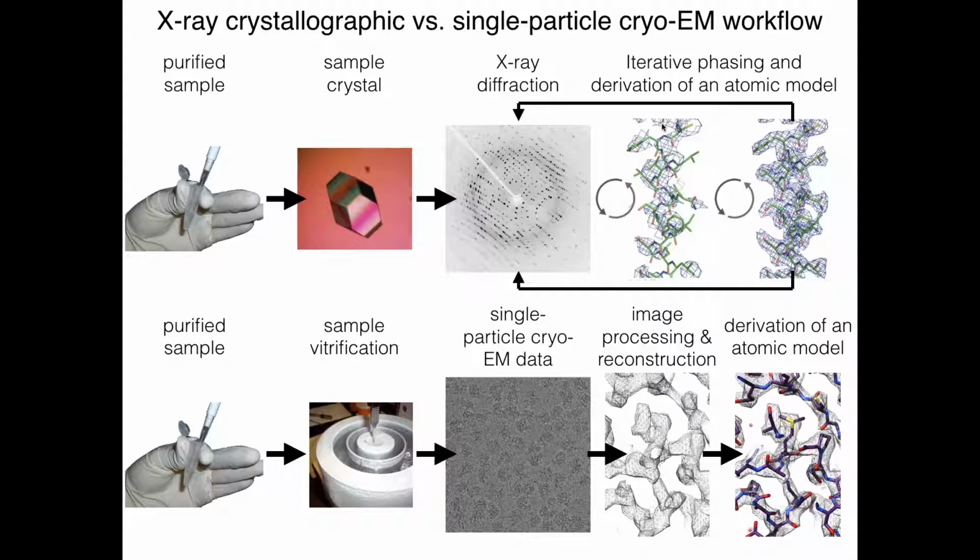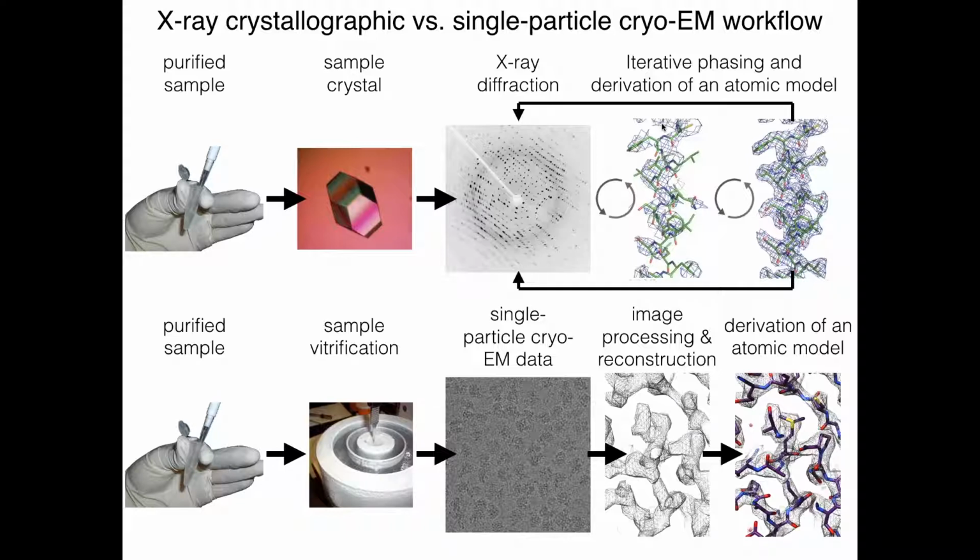So instead of growing crystals, we vitrify the sample into liquid ethane. And rather than collecting diffraction data, we are collecting real space images. So the scattered diffracted electrons are then refocused into a real space image. And really importantly, with X-ray, we are collecting an ensemble.